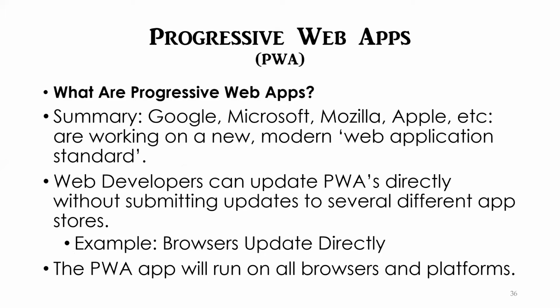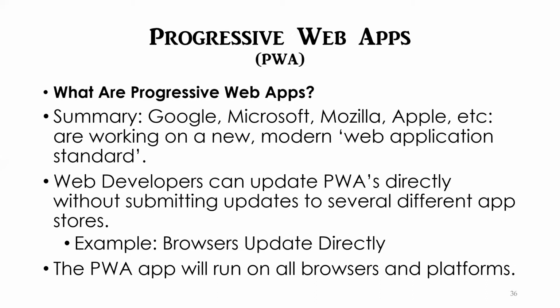Progressive web apps. Now, don't let it confuse you because it's really kind of simple. The web developers can come up with an update to a progressive web app, and they can make it directly to it. This is happening now.